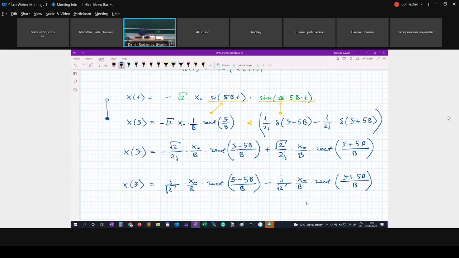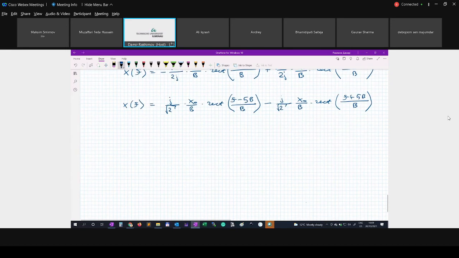That's all. We just need to make a picture of this plot and of this spectrum, and that's all for this task. The picture is very simple because you just have two rectangular pulses, one at frequency 5B, another one at frequency minus 5B.